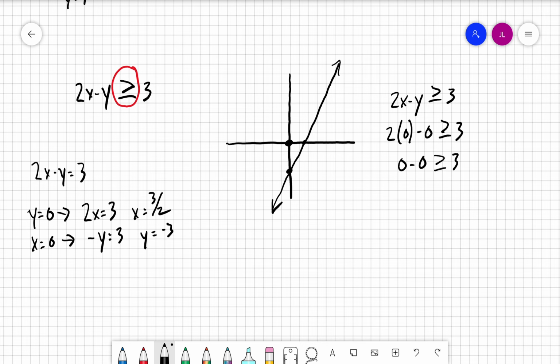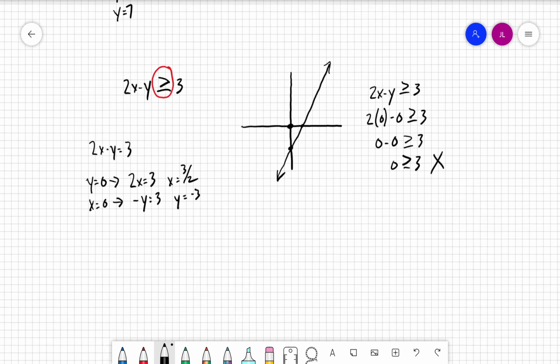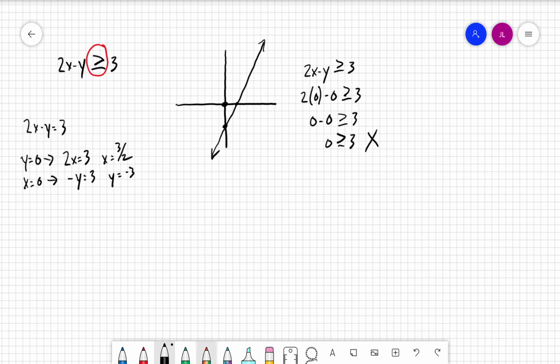So we're saying, is 0 greater than or equal to 3? Well, no, it's not. So it means that the other side of the line has to be the solution. We would shade the other side of this line, and that would be our solution.